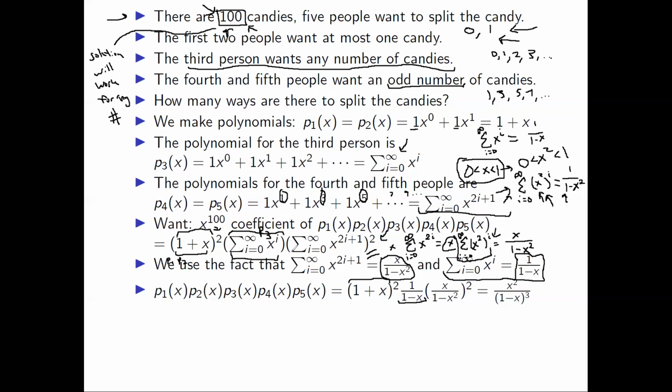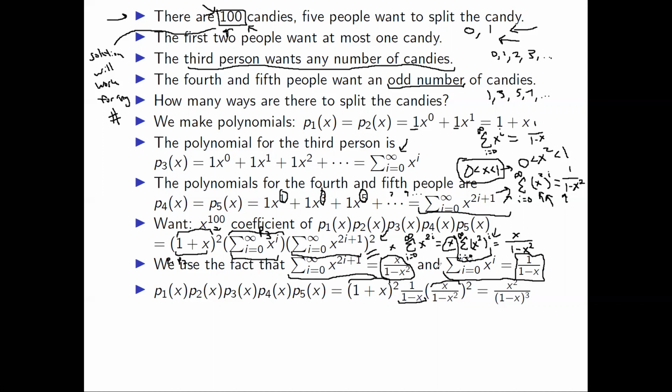Finally, the last part up here, the square of the sum, i equals 0 to infinity of x to the 2i plus 1. We saw what that sum was right here. We saw that sum simplifies to x over 1 minus x squared. So we substituted the x over 1 minus x squared for the sum inside the parentheses.